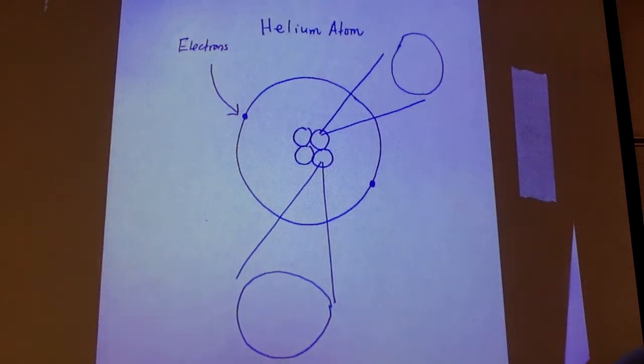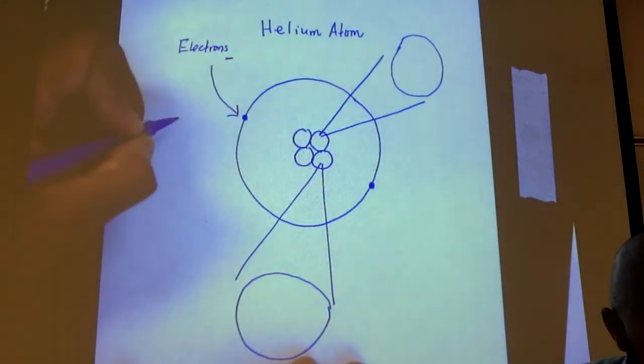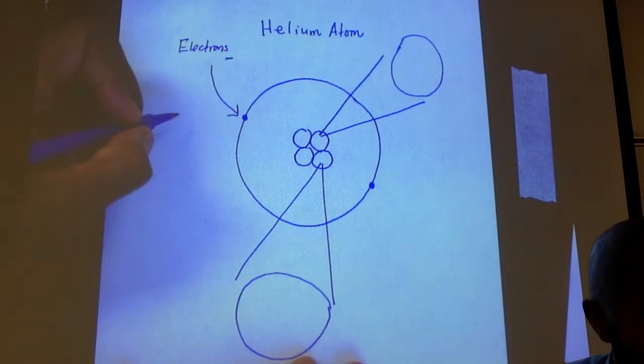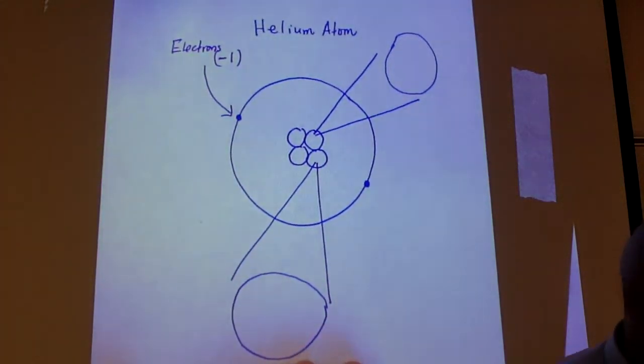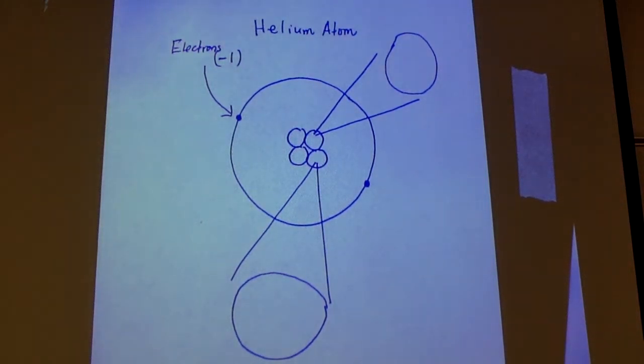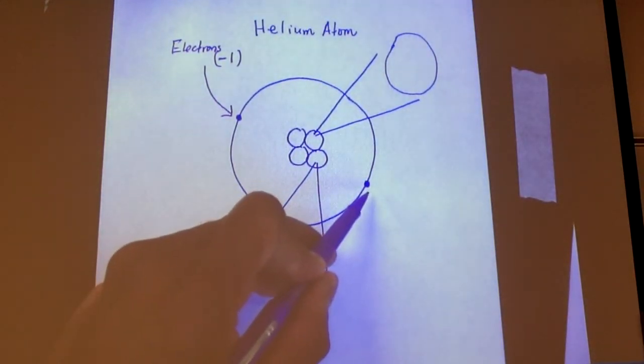And I forgot to ask you to put in the charges. So the charge for an electron is actually negative. And in terms of the amount, the charge is -1. So put a -1 by that. Then, of course, this is an electron as well, so it's going to be a -1 also.